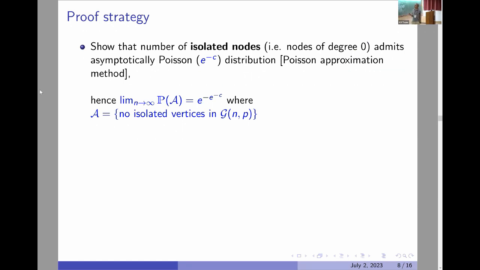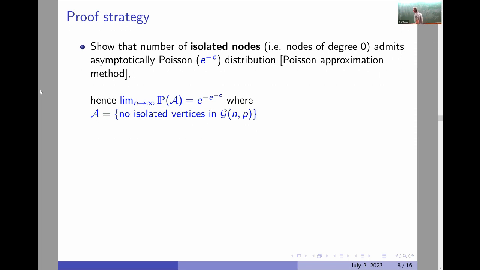You consider the isolated nodes, so nodes of degree 0 in your graph, and you show that asymptotically, as n goes to infinity, they have a Poisson distribution with parameter e to the minus c. If you think about it, it's easy enough to estimate the average number of isolated vertices.